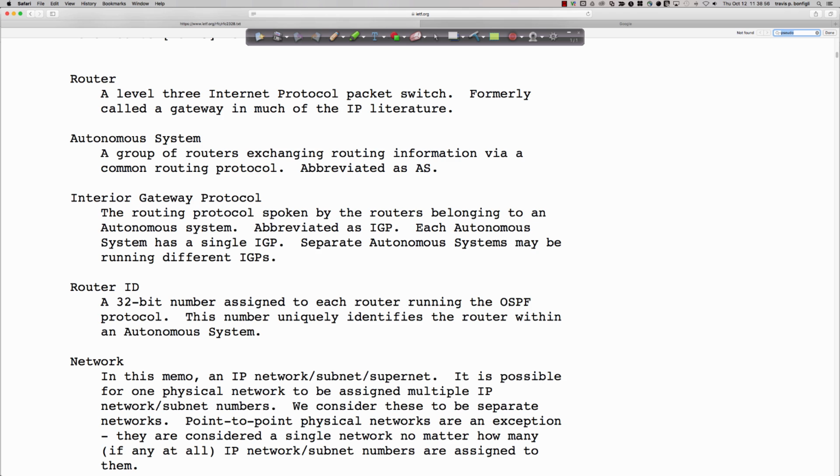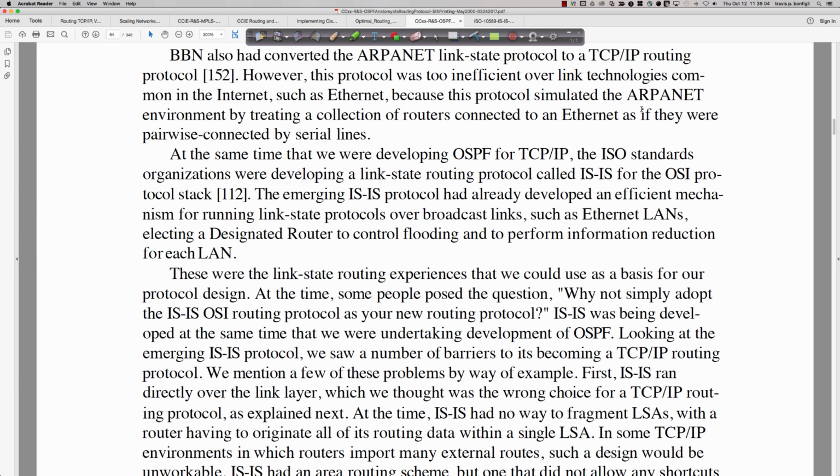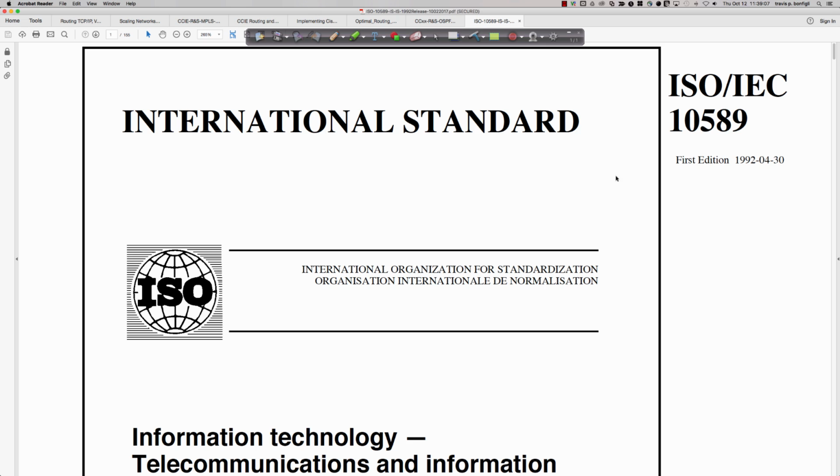And so to explain where this term comes from, we have to again take a look back at IS-IS. In terms of the IETF, which is where OSPF was standardized, they call it RFC, right?